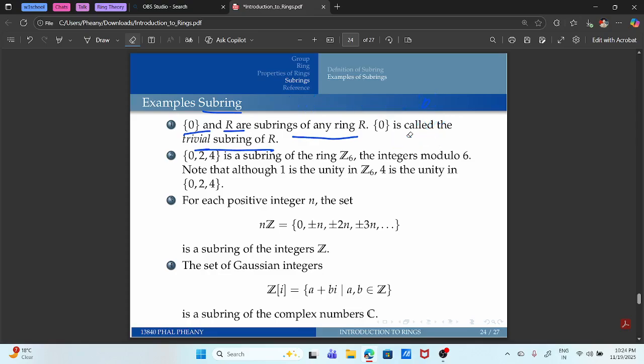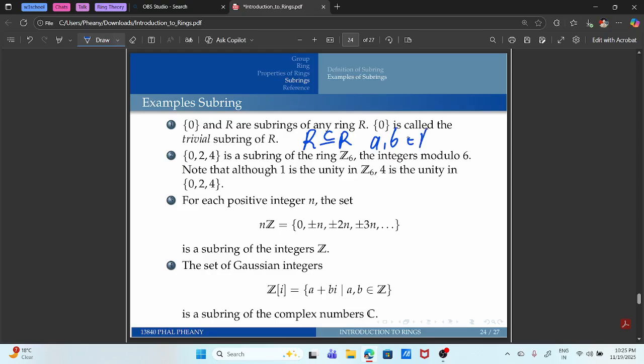And O is a subring of O itself. Yes, this is interesting. Suppose we have two elements A, B belong to O. Then A minus B belongs to O, since this holds true normally, as O is a ring.